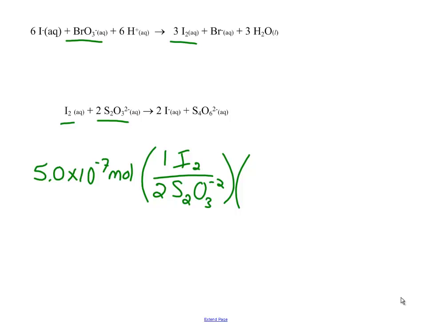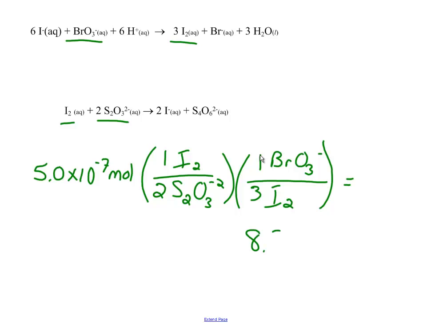My mole ratio in the first reaction between iodine and bromate is 3-to-1. I want bromate, so I have 1 mole of bromate ion over 3 moles of iodine, and that will give me the number of moles of bromate ion that I have present in my solution, or that actually get reacted in my solution. And I end up with 8.33 repeating times 10 to the negative 8th.